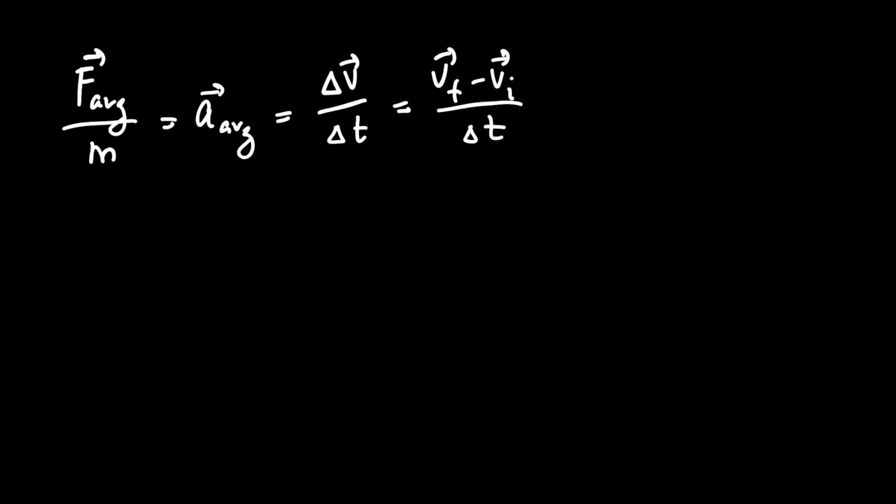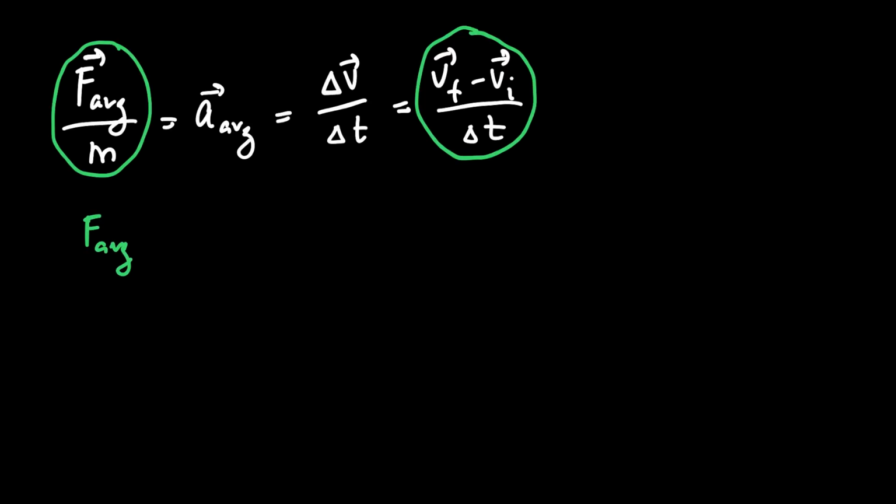If we look at the first term and the last term of this equation and set those equal to one another, then we could rearrange this to look like the following. F average times delta t is equal to the object's mass times its change in velocity, v final minus v initial.